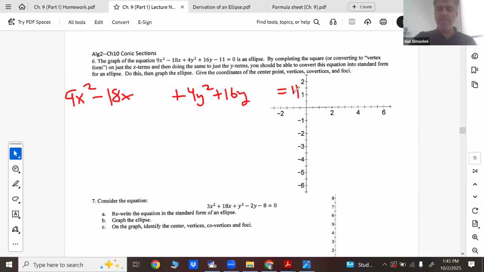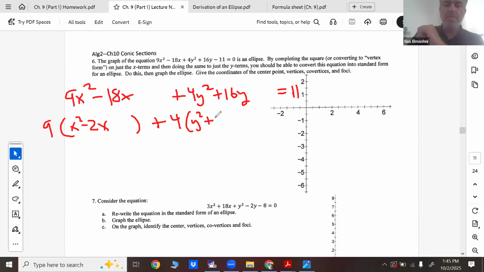And push 11 out to the other side. So I'm just doing a little rearrangement, not a big deal. What do you think we're going to do next? What do you guys think? Don't do 9x, just a 9, and leave a little room for a constant inside the parentheses. Take out the 4. Leave a little bit of room for a constant.